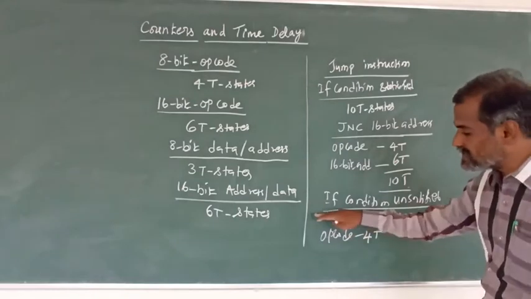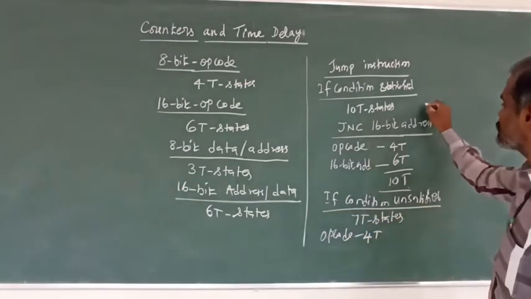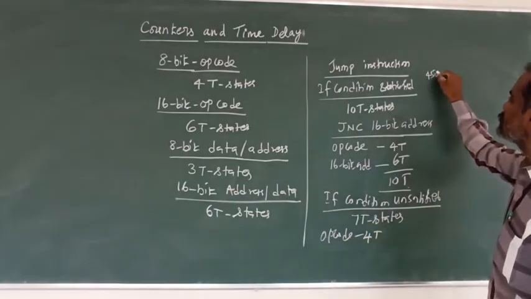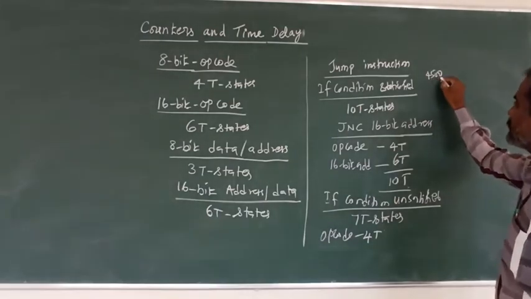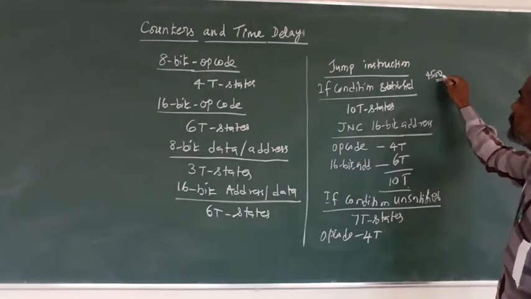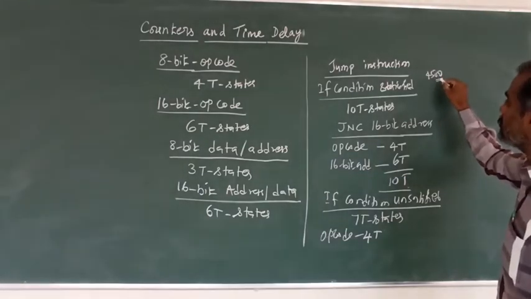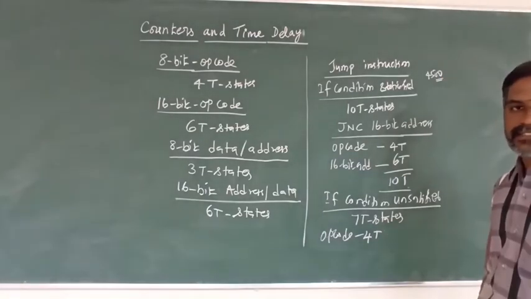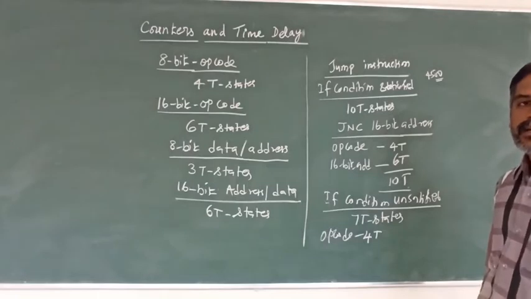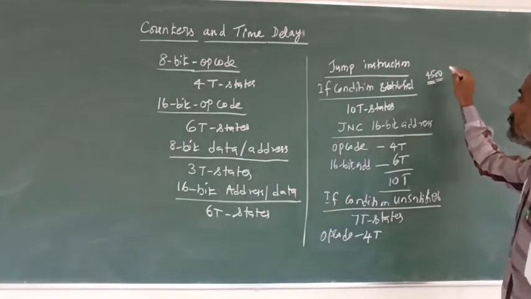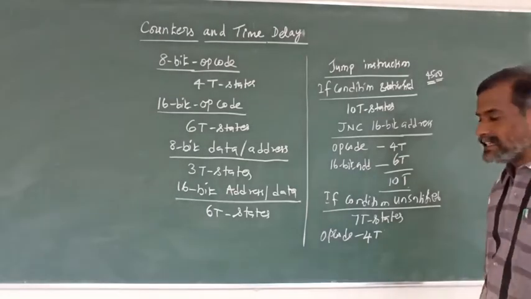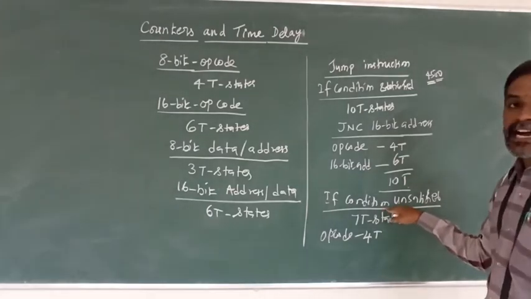Now the address will be changed. Suppose the 16-bit address is 4500. Only the LSB 8-bit address changes. The MSB 8-bit address stays as it is when the condition is unsatisfied.